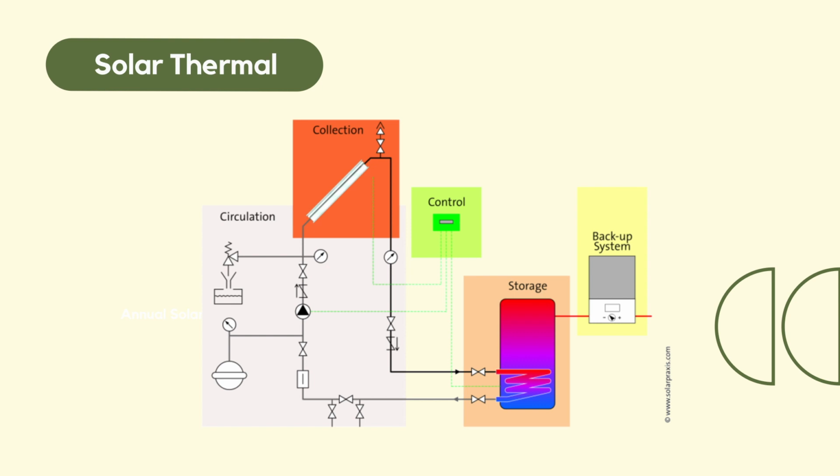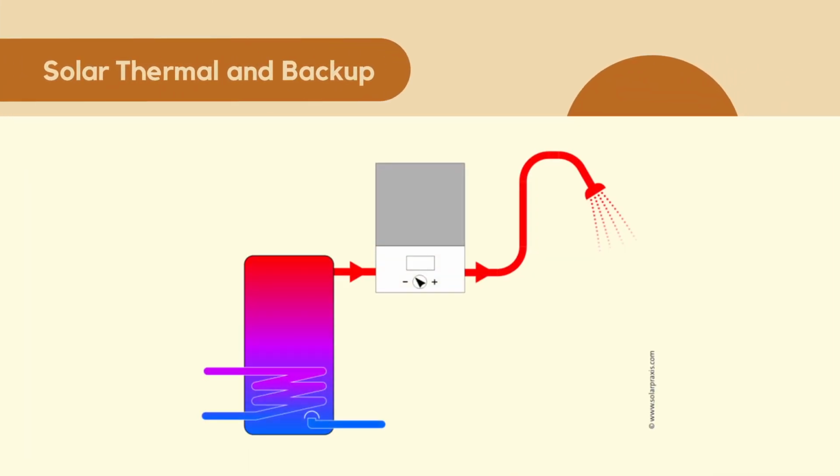A control system checks the temperatures and regulates the flow using the pump, which can operate at different velocities. Another way of having this backup is with an instantaneous gas water heater that can raise the temperature to the desired level, starting from any given temperature that comes from the storage.